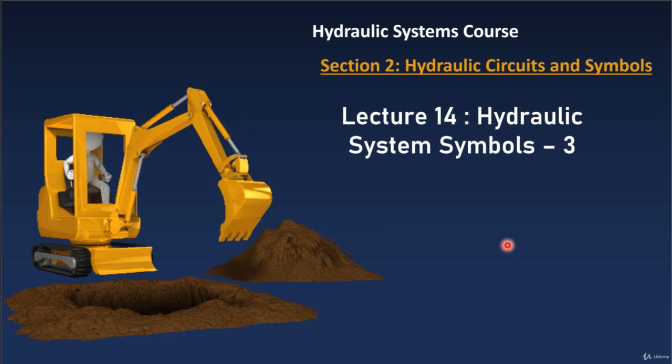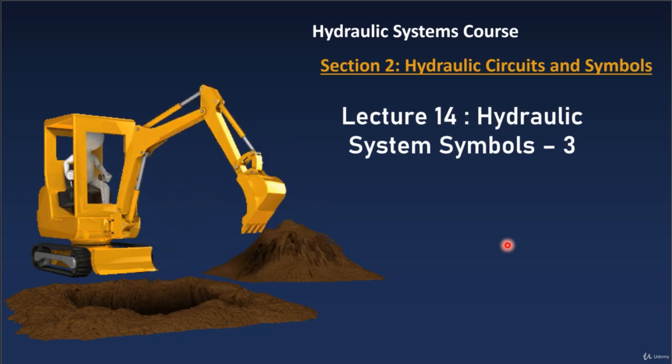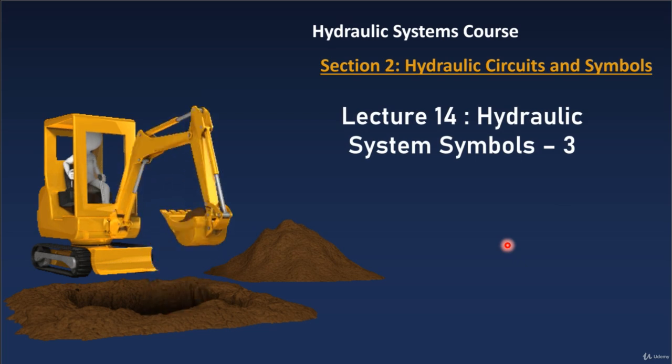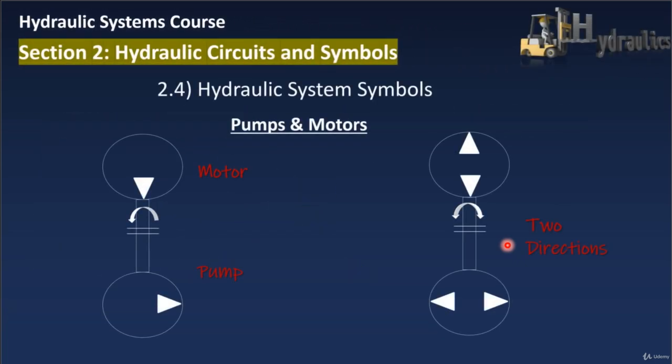In this lecture, we'll start going through each component and what will be their samples used in a hydraulic sketch. Let's start with the pump and motor. Pump and motor will be presented in a circle with an arrow indicating the flow direction. On the left hand side we have single rotation of the pump in a single direction, and on the right hand side we have a two direction rotation of the pump and the motor.